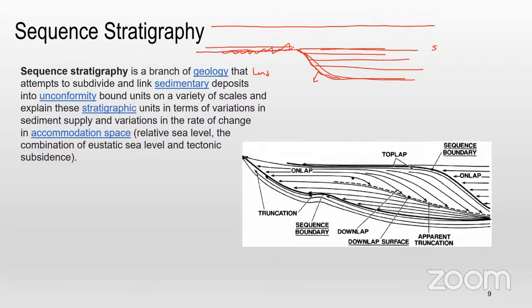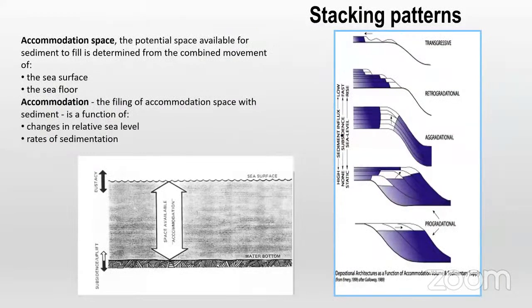For example, as a geophysicist, they study these terminations, and after that they find those intervals, and they show us a large picture about the conceptual model of the reservoir or of the area. Okay, this is the stacking pattern of the sediment. For example, this is the transgressive system, right?